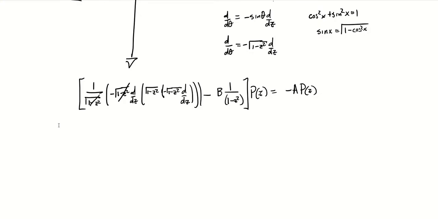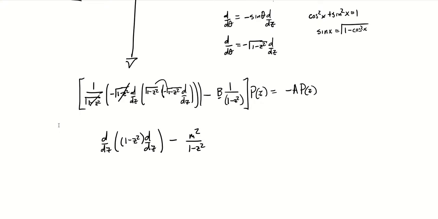These cancel, these multiply together, and we end up with just d dz operating on 1 minus z squared d dz, minus, if we sub in the fact that root b is equal to m, m squared over 1 minus z squared.